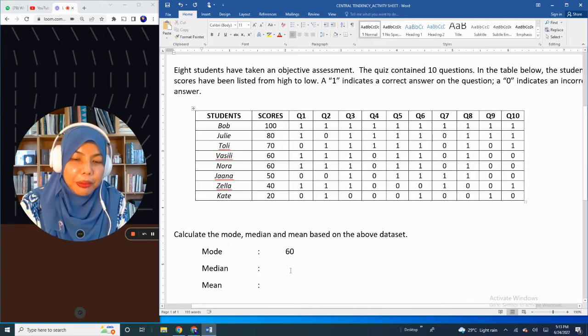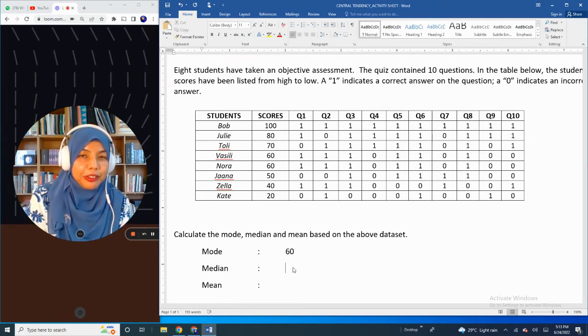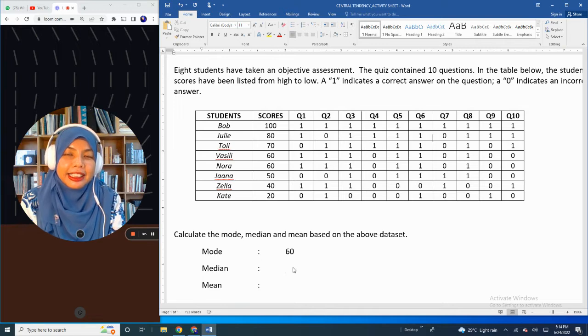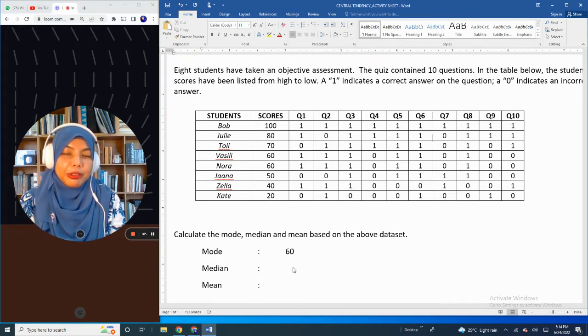Okay, as for median, median is the middle value. It is much easier to find the median if your data set consists of an odd number of cases, but with respect to this, we have 8 students, so this is a data set with an even number of cases.